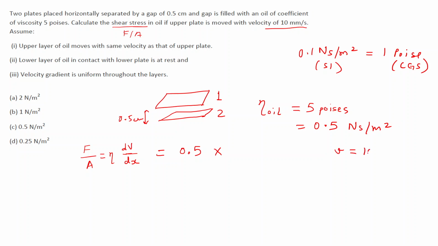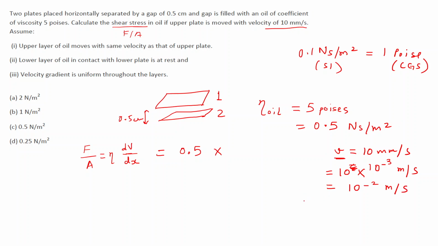I'll convert the velocity into meters again. 1 millimeter is 10 to the power minus 3 meters, so 10 millimeters per second is 10 to the power minus 2 meters per second.